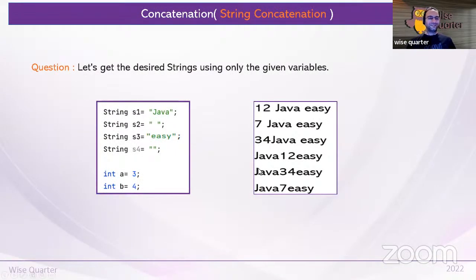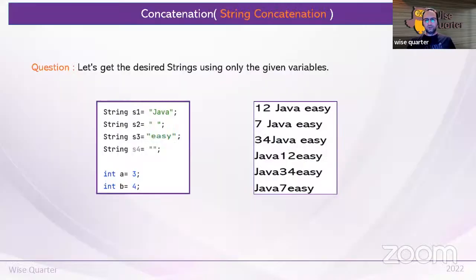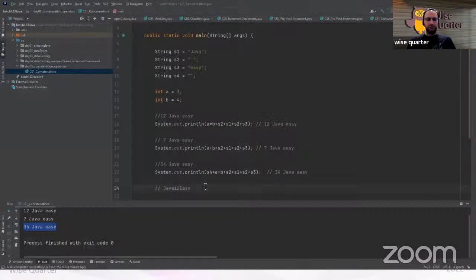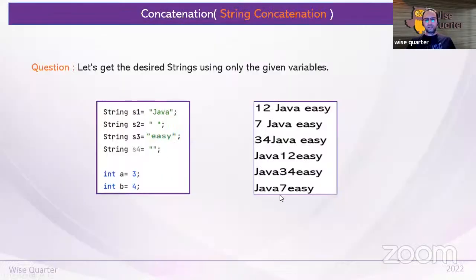Let's say the rest is homework for you. You can try to print them to the console. I will write them here: Java 12 easy, Java 12 easy without any spaces, Java 34 easy, and Java 7 easy.